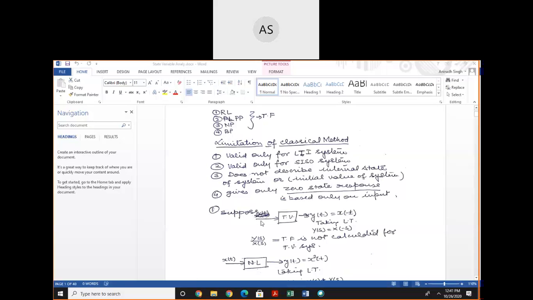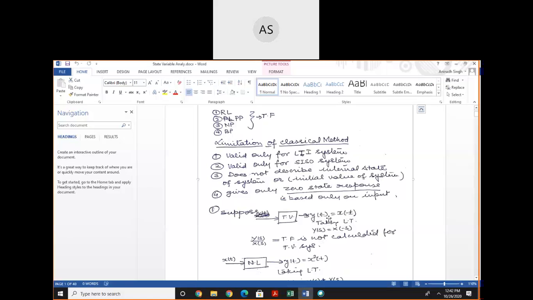Suppose this is a time variant system and we give input x of t, and here we get an output x of minus t. So we can say that y of t is equal to x of minus t, and this is a time variant system.